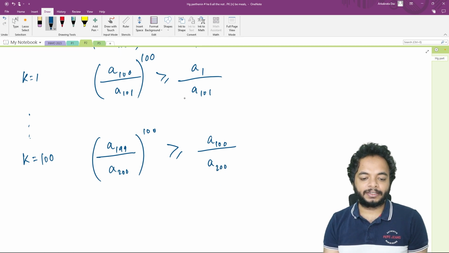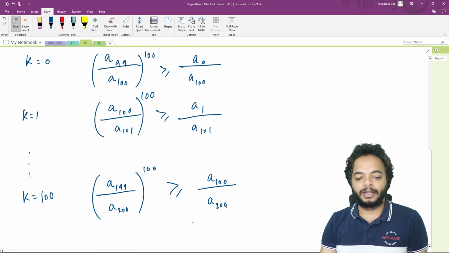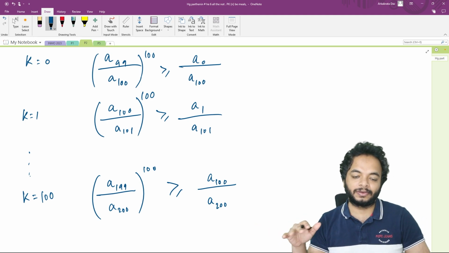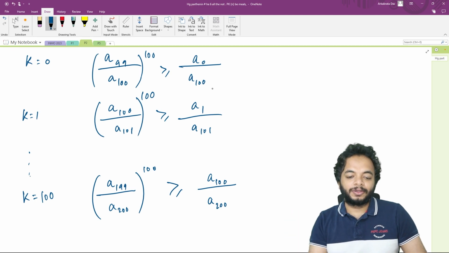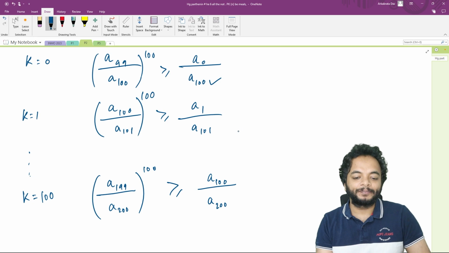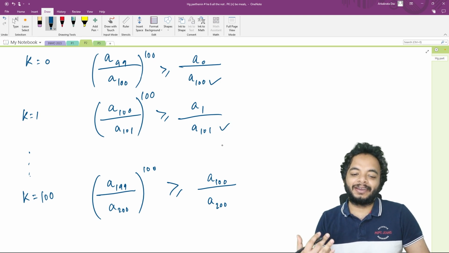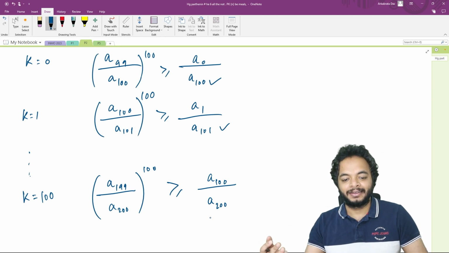Now notice one thing, if I just take the product of all these 101 inequalities, look at the right hand side. In the numerator you are having A0, A1 till A100, the products of all these coefficients. And below also you are having A100, and then A0, A101 would just boil down to A0, and then you would get next A1, A2 till A200, which is nothing but A99.